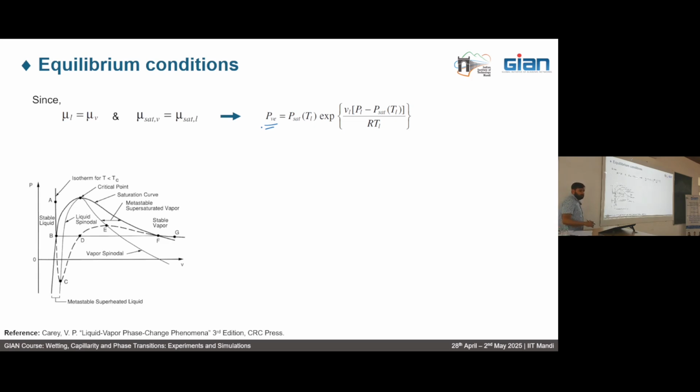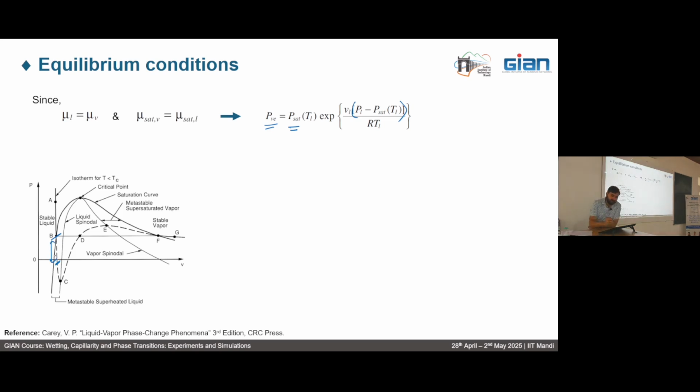Now let me ask you, out of these two terms, which term would be greater according to you? One is the pressure inside a vapor at equilibrium, one is the saturation pressure. To answer, let us first have a look at this term here. We already know that PL would be less than P saturation, because we are talking about the liquid which is at a metastable state, and at metastable state the pressure would be less.